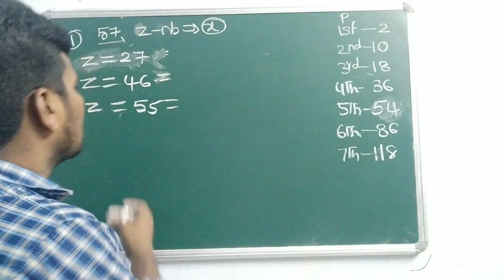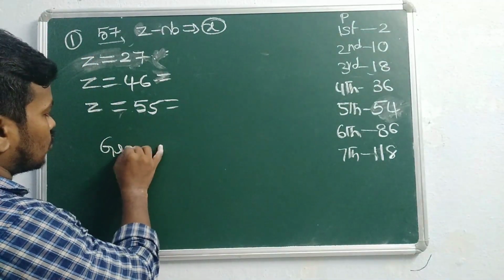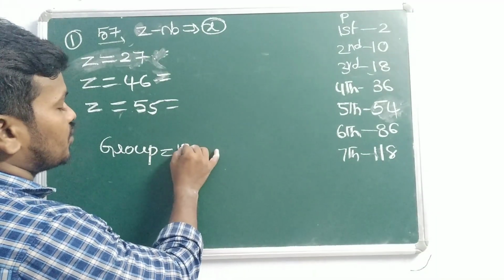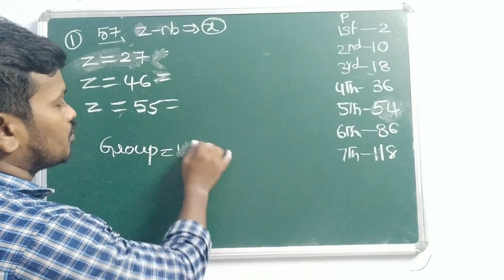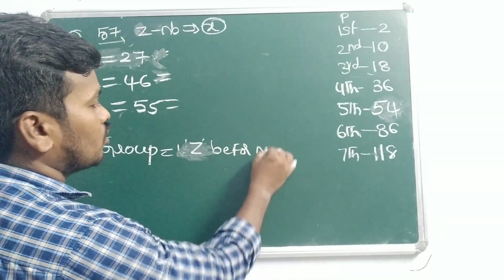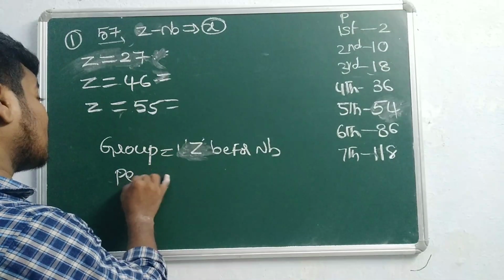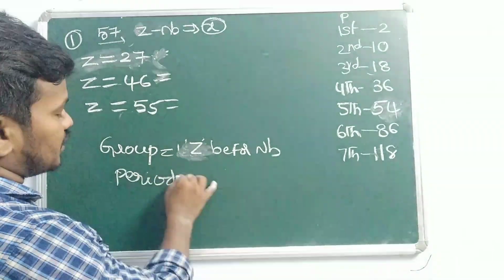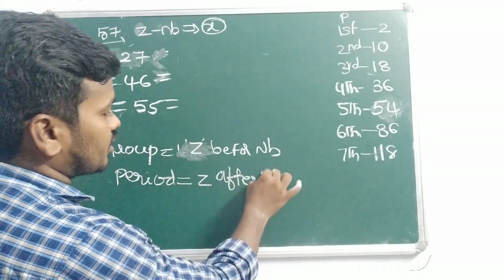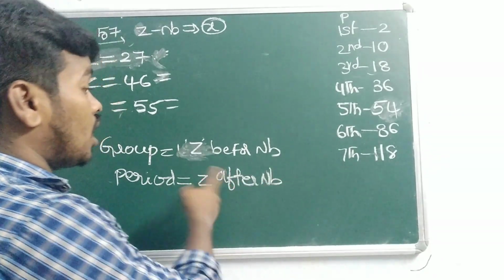In case of the group, always remember: the noble gas atomic number before the given atomic number. For the period, it is the noble gas atomic number after the given atomic number.